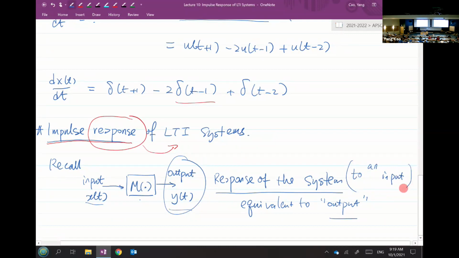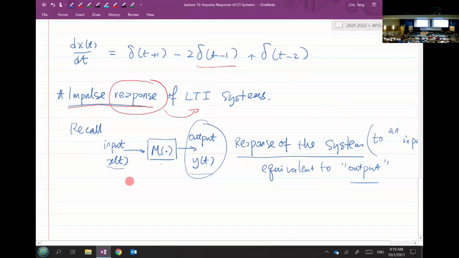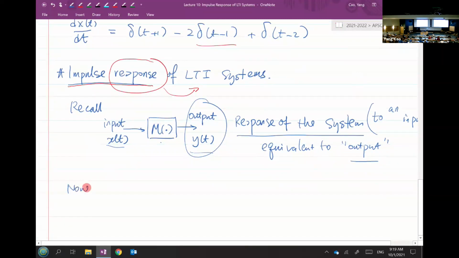That's the connection. Now, of course, I can have different inputs to the system. So now I'm going to make it a little more specific. I'm going to let my input be this impulse function.